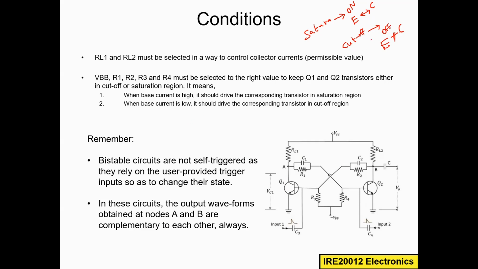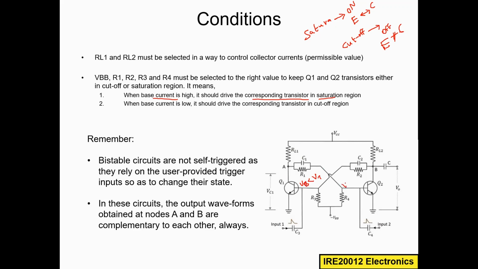In order to maintain this, you must select the correct values of the resistors and capacitors in the RC network. When the base current is high, it should drive the corresponding transistor into the saturation region. So it should be very sensitive. Whenever the base voltage VB goes less than the threshold voltage VT, immediately the transistor should go to the cutoff region, off condition.